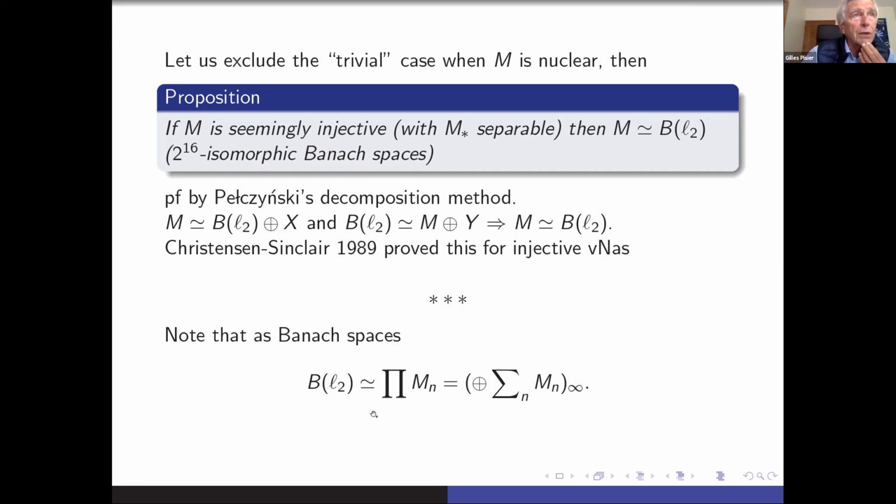Probably this result is also a consequence of Pełczyński's decomposition method. So this, which is embedded in M as a von Neumann subalgebra and which is injective, admits a completely contractive projection. And so definitely for any M except in the trivial case, we have this property. So if our M is also complemented in B of L2, it has no choice, it's isomorphic to B of L2.